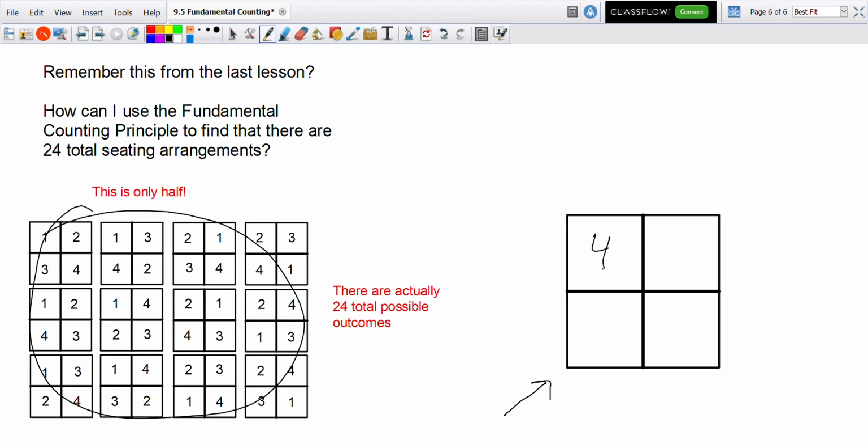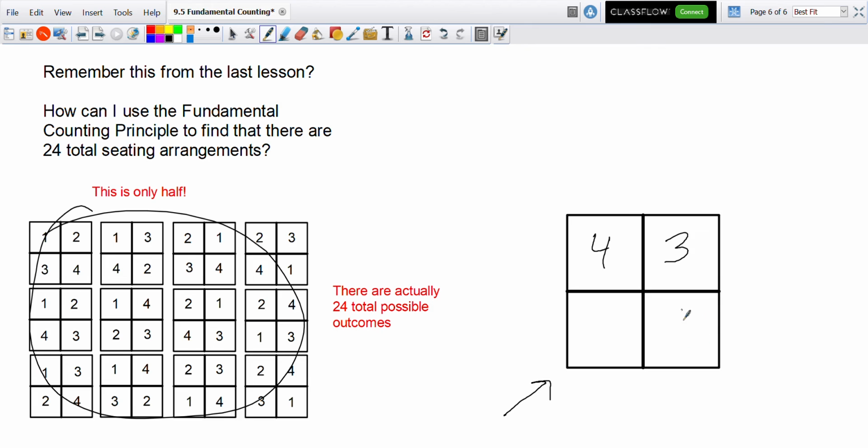Now, once I seat that student, how many students could I put here? How many students are available left? After I seat that first one here, how many are left for me to put here across from them? Well, that would be 3 students, right? After I put one here, there's only 3 left to put in this seat.